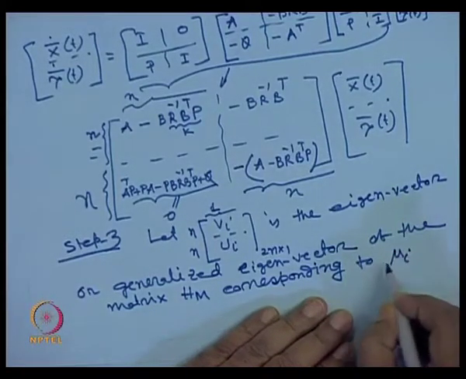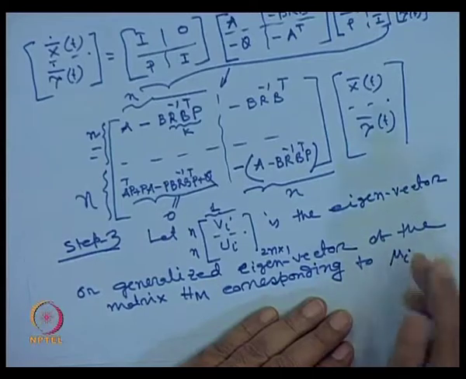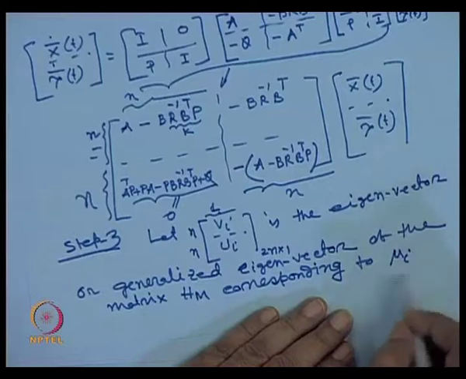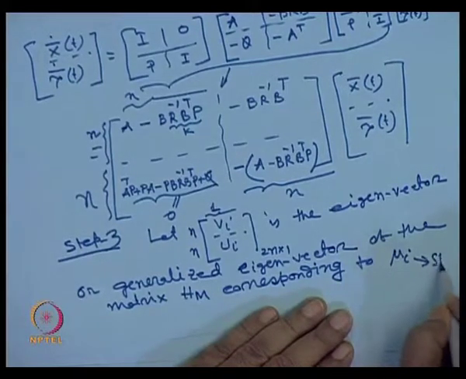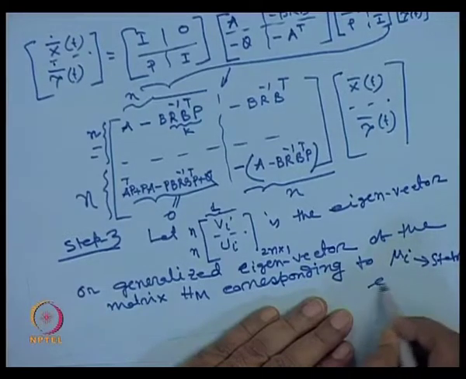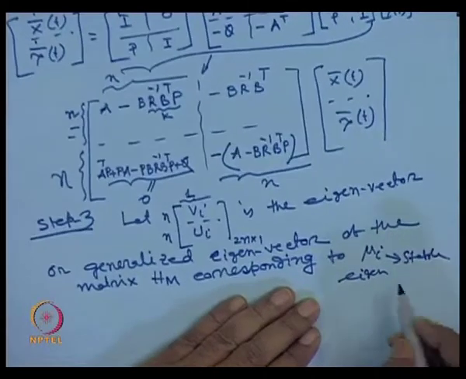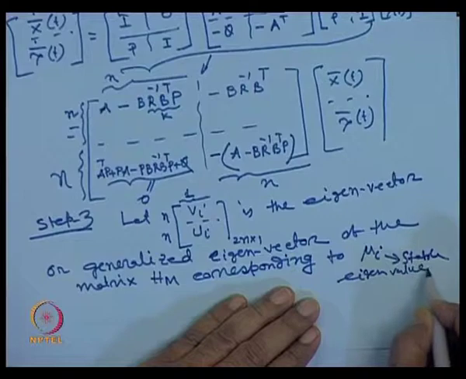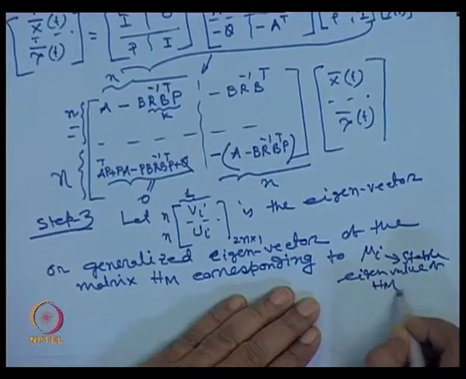And what is mu_i? The stable eigenvalues. What are stable eigenvalues? The eigenvalues with negative real parts. Eigenvalues with negative real parts means this corresponds to stable eigenvalues of Hm, that is.